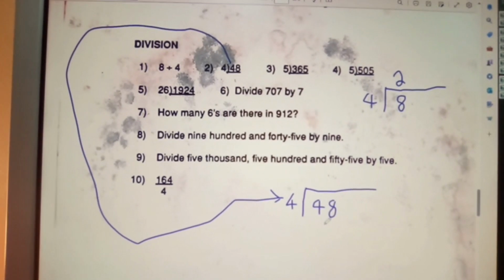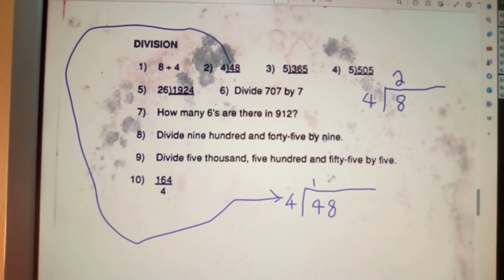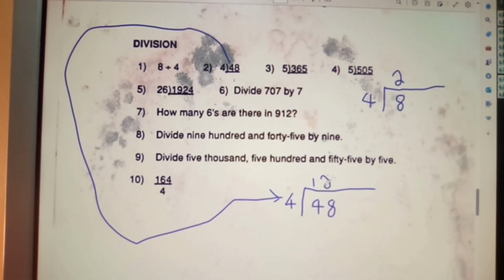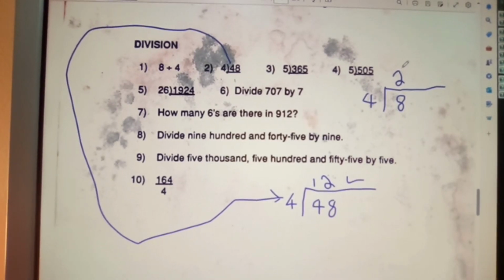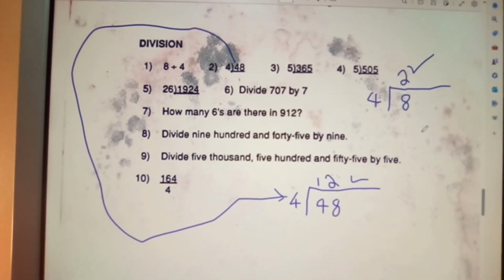So here 4 into 4 goes once, 4 into 8 goes twice, so the answer here is 12, and we know the answer is correct, okay. The answer is also correct, okay.